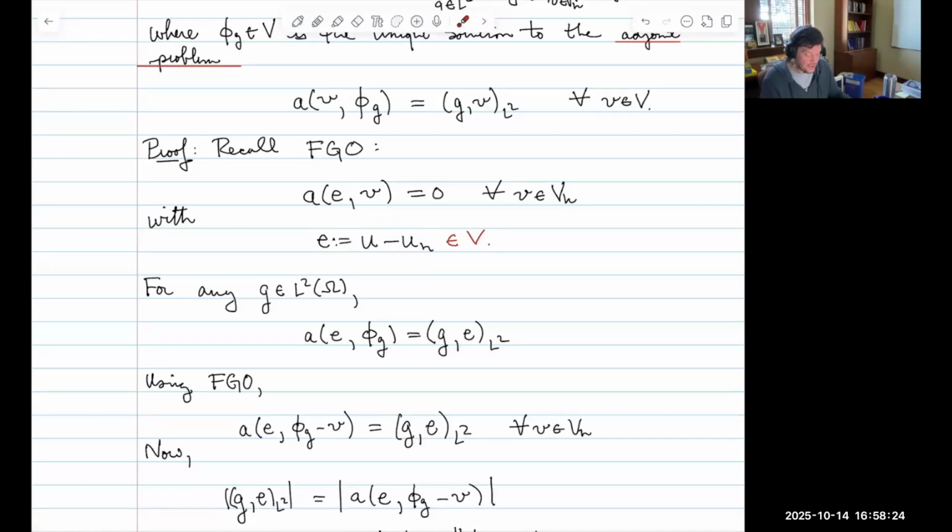So for any g, we know this has a solution, our solution to the adjoint problem. We can put E in as a test function because E is the difference of two functions from V.